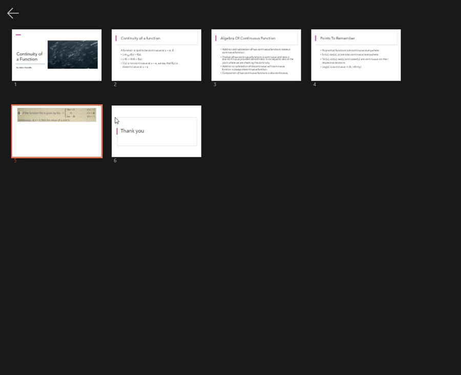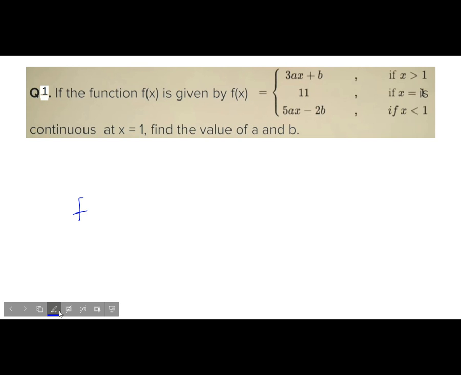Okay, we'll just write down the equations: 3a plus b equals 11 and 5a minus 2b equals 11.